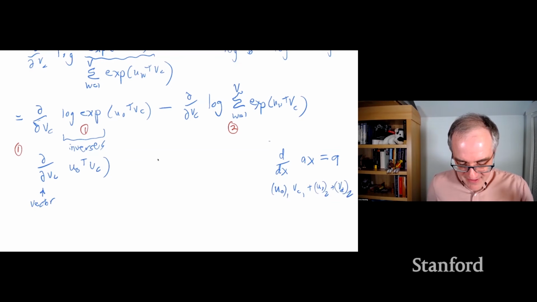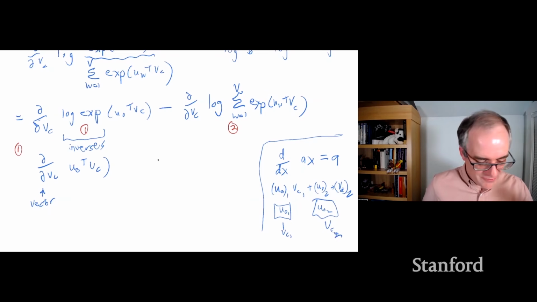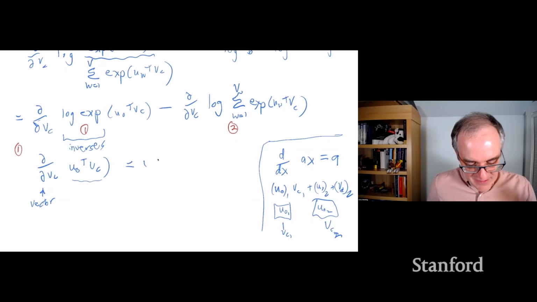And so we're using this bit over here, and what we're going to get out is the U01 and the U02. So this will be all that is left with respect to VC1 when we take its derivative with respect to VC1. And this term will be the only thing left when we take the derivative with respect to the variable VC2. So the end result of taking the vector derivative of U0 dot producted with VC is simply going to be U0.